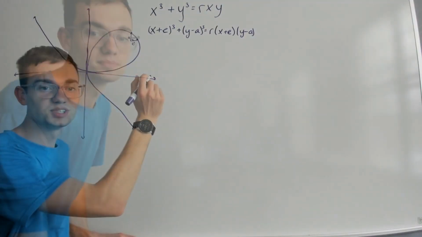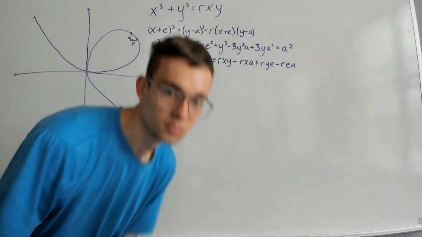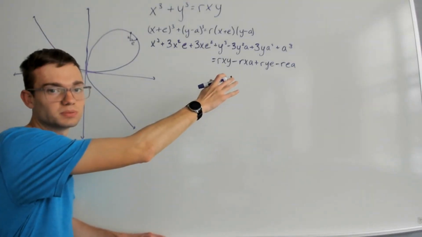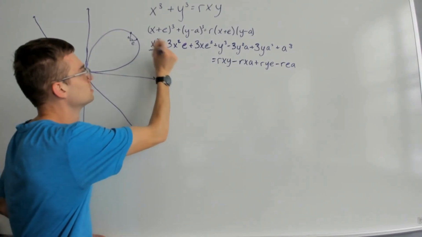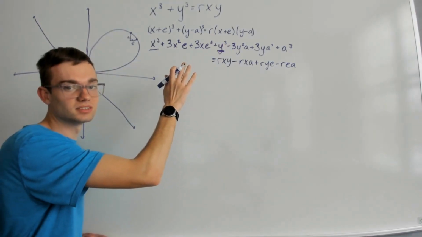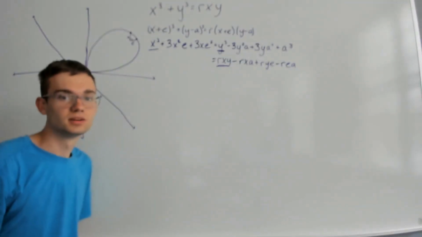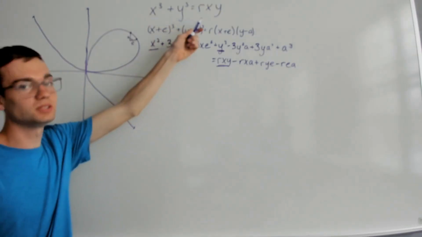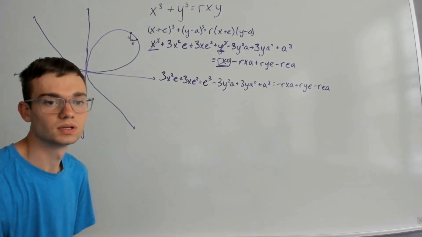Next, we should expand out this equation. This giant thing is our result from the expansion, but I want you to notice these three terms here. We have an x cubed and a y cubed on the left-hand side, and on the right-hand side, we have an rxy. Well, we said x cubed plus y cubed equals rxy, so these terms will actually all cancel each other out.